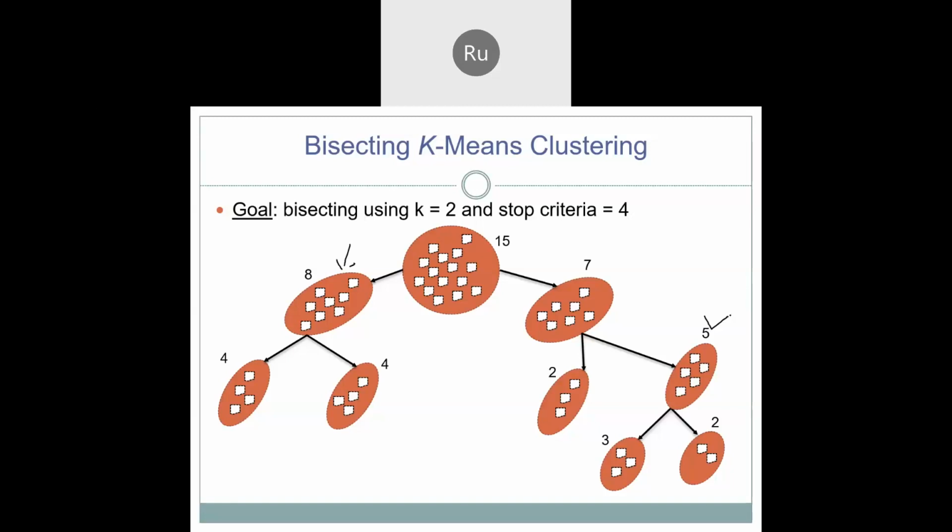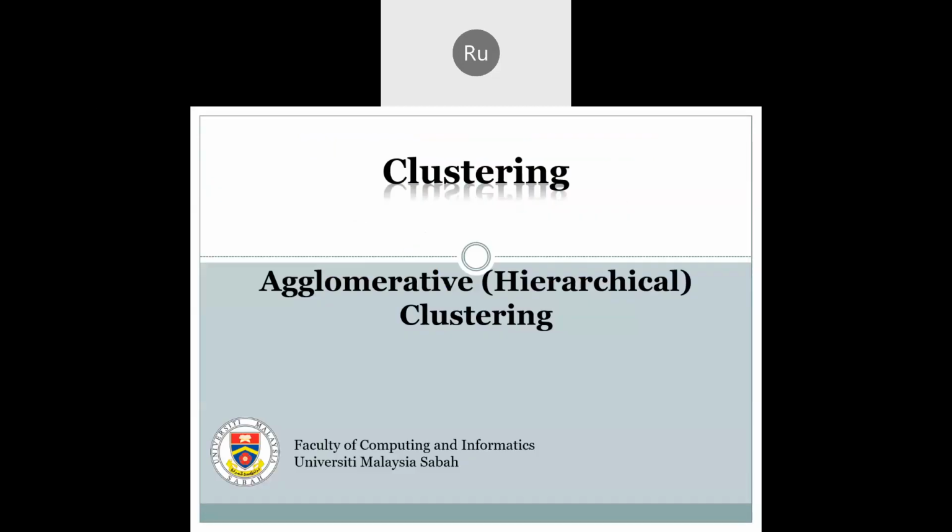This is what we call bisecting k-means. With k equal to 2, we reapply what we studied in the previous slide, but we only set k equal to 2. So they call it bisecting k-means clustering. Now we move on to the next one.